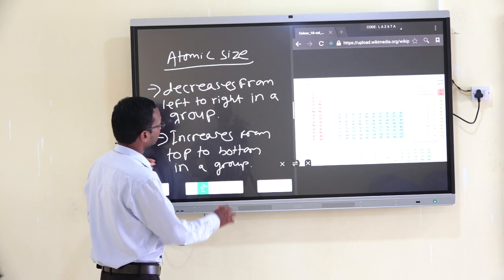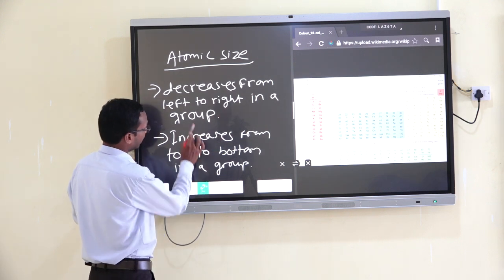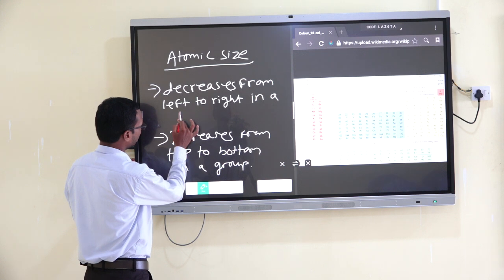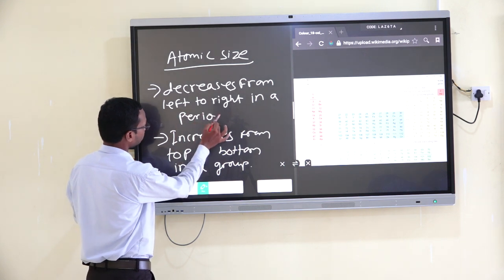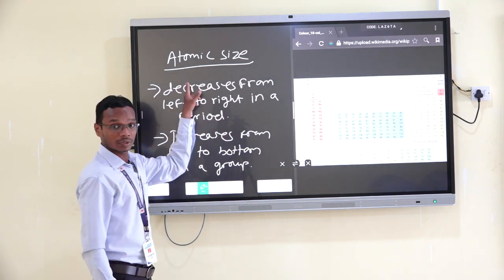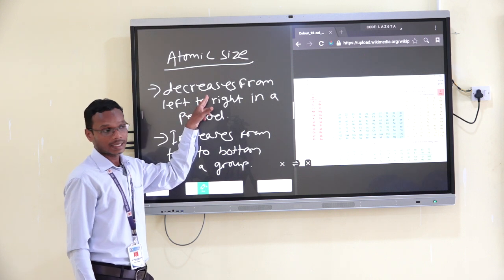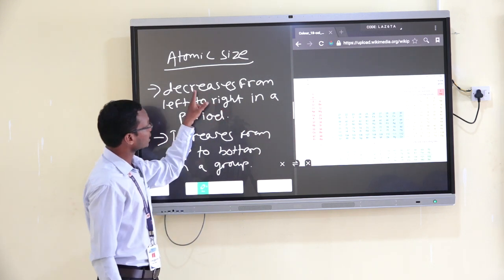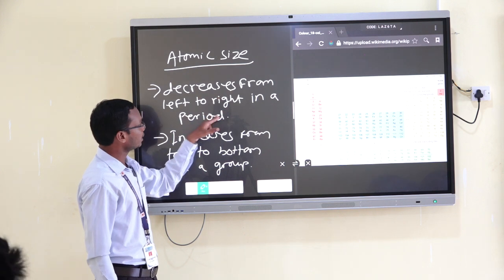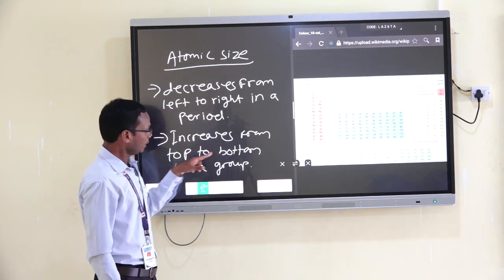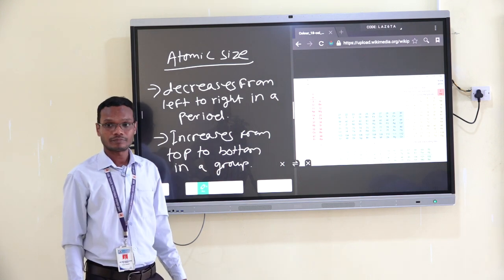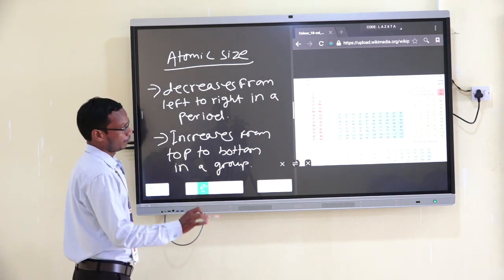Sorry, this is not a group, left to right means this is a period. Atomic size decreases from left to right in a period and increases from top to bottom in a group. Final conclusion, listen carefully again.